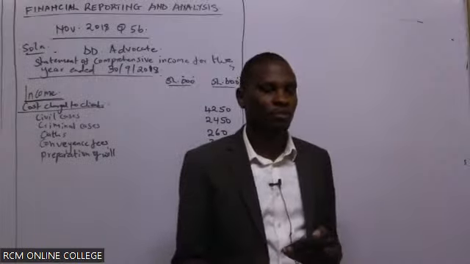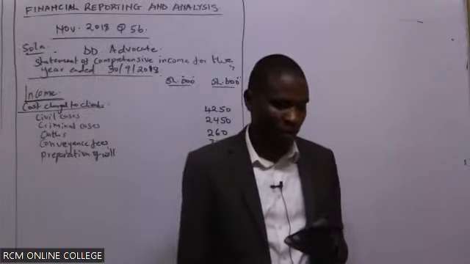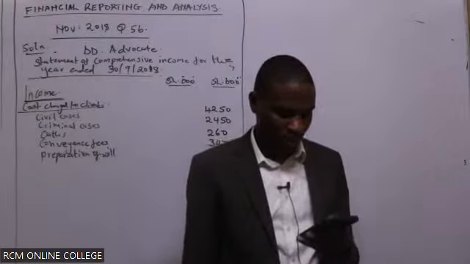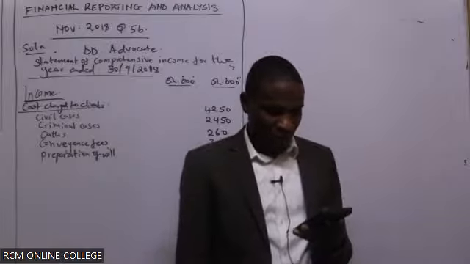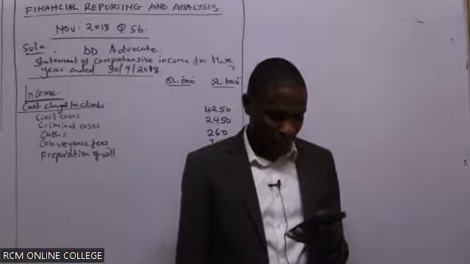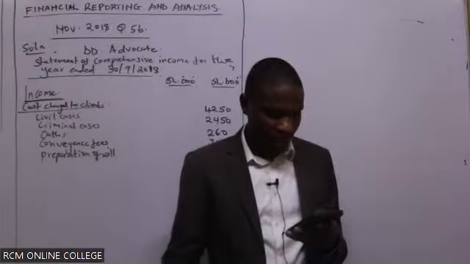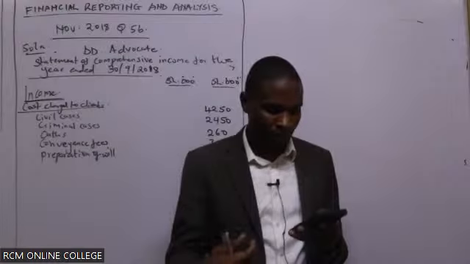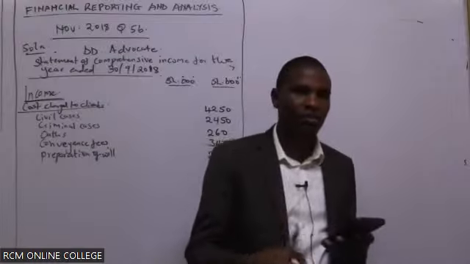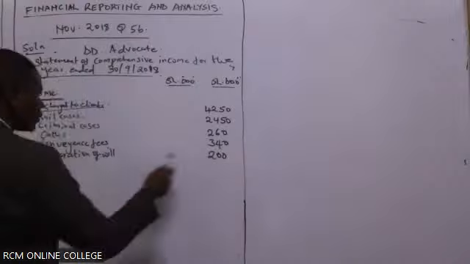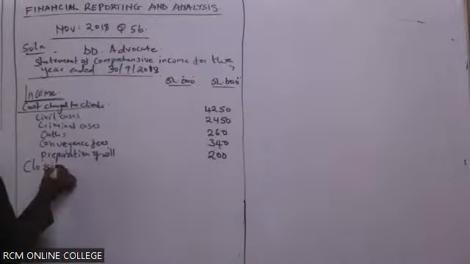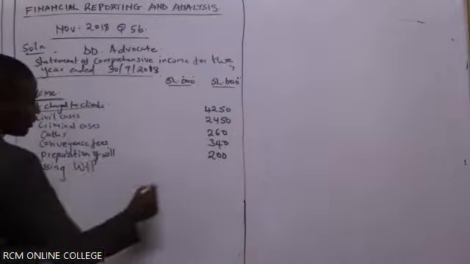Closing work in progress, when you look at the last statement down there, cases in progress as at 30 September 2018 were valued at 705,000. So closing WIP, work in progress, is 705.